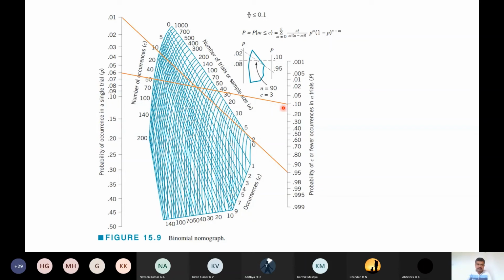When I draw straight lines connecting P1 and 1 minus alpha, P2 and beta, these two lines will intersect at a certain point. That point will be considered to find the values of C and N.